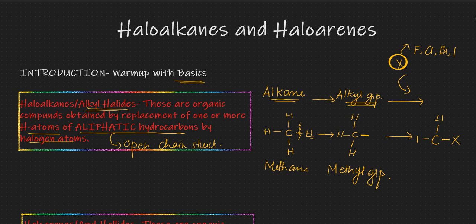This structure we just got is called an alkyl halide, or a haloalkane, because this is your alkane group and this is your halogen group. So it is a haloalkane or alkyl halide, and in this case it is a methyl halide.